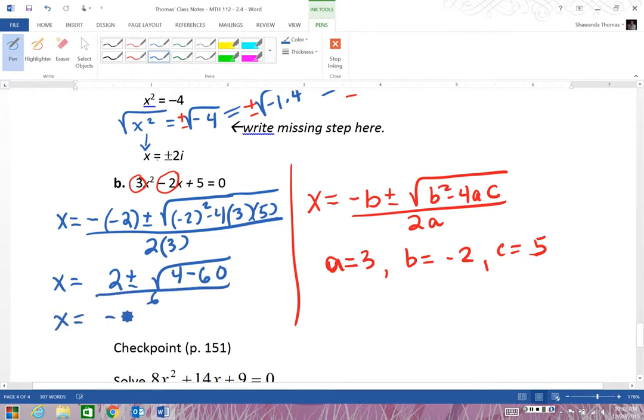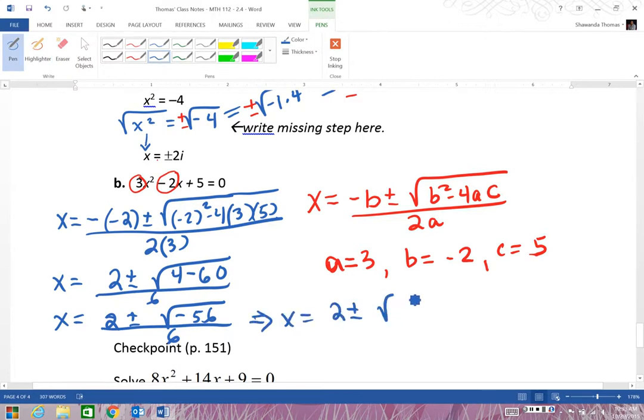x equals positive 2 plus or minus square root negative 56 over 6, because 4 minus 60 is negative 56. Now, you need to determine whether or not 56 contains a perfect square. And it does. It contains 4. So x equals 2 plus or minus square root.